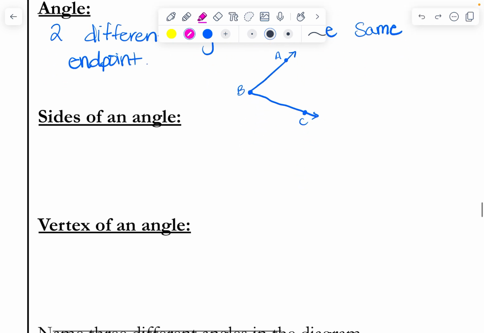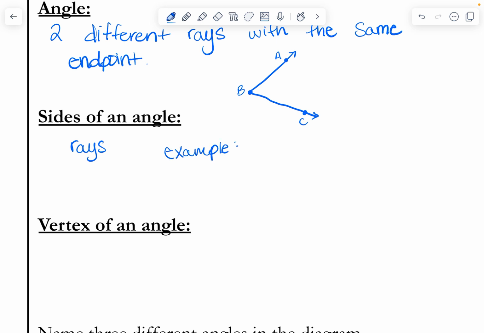Next vocabulary word is sides of an angle. This is pretty straightforward. The sides of an angle are rays. So like we said before, in our example up here, we have ray BA and ray BC as our sides.